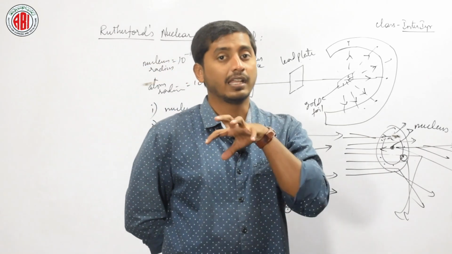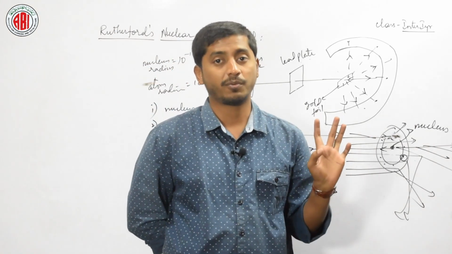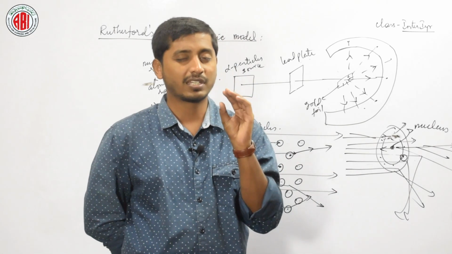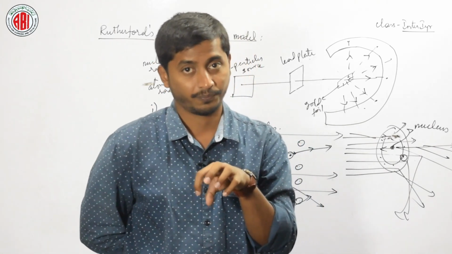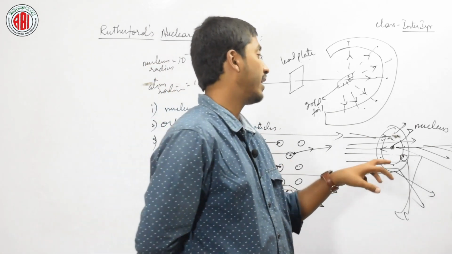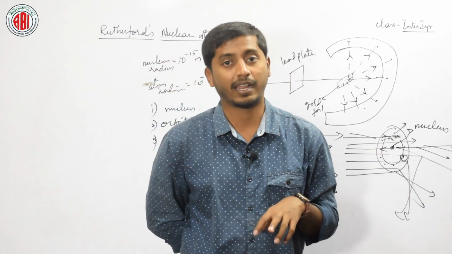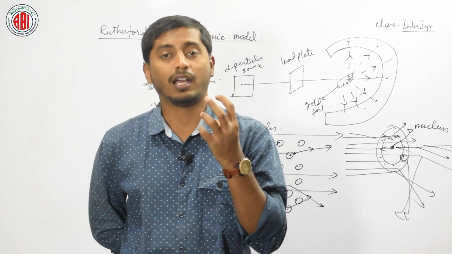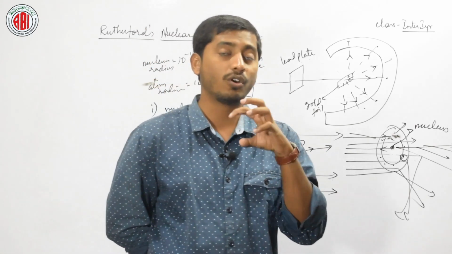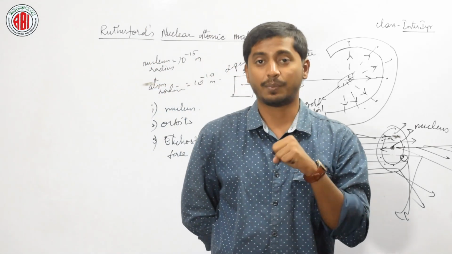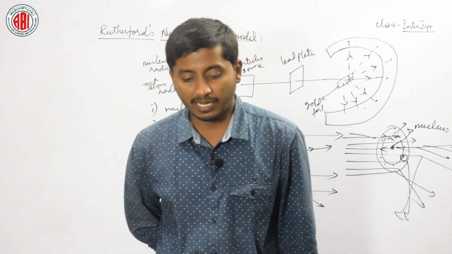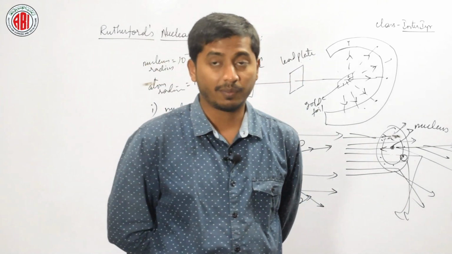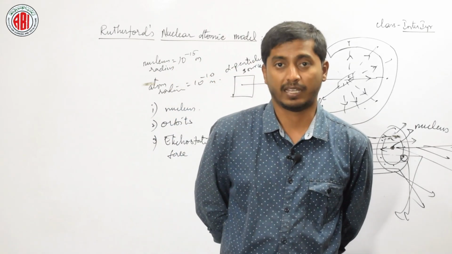He said that the positive charge is not uniformly distributed, there is only positive charge at a fixed point, that is, in a fixed place. He named it the nucleus. A nucleus is a place where the whole positive charge and the whole actual mass of an atom is present, except electrons. Similarly, that will be the defect of Thomson's model.